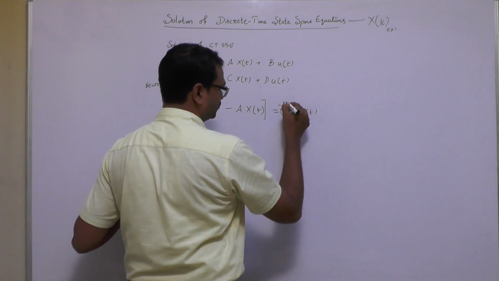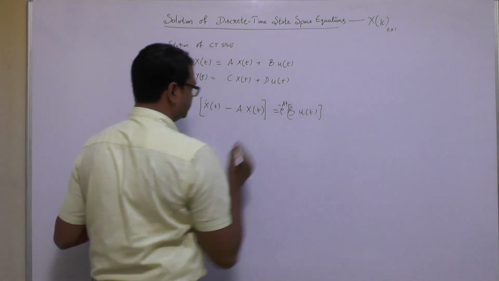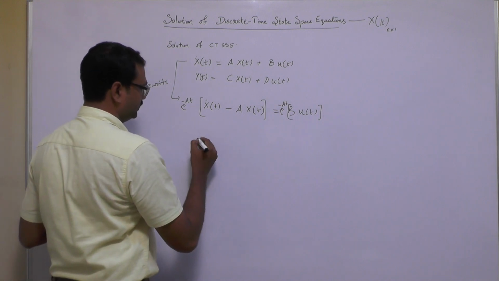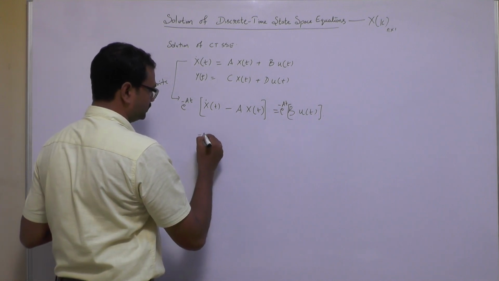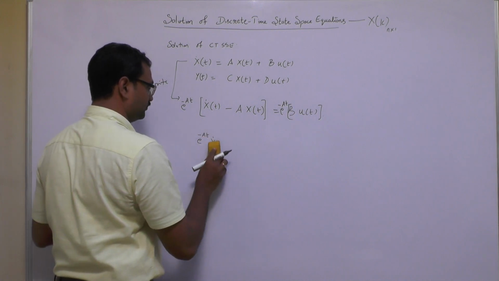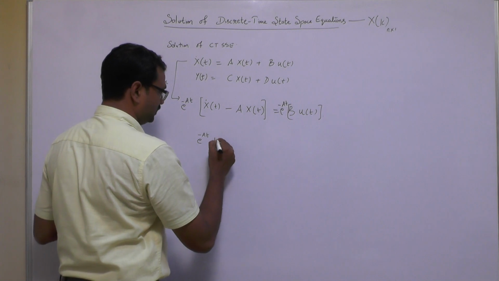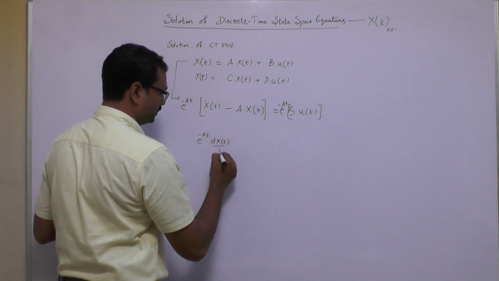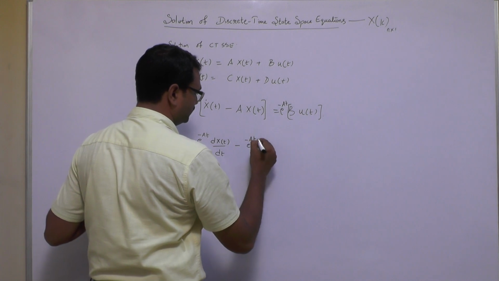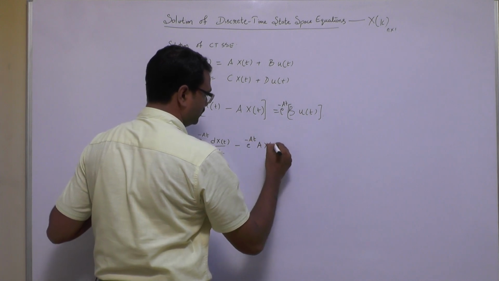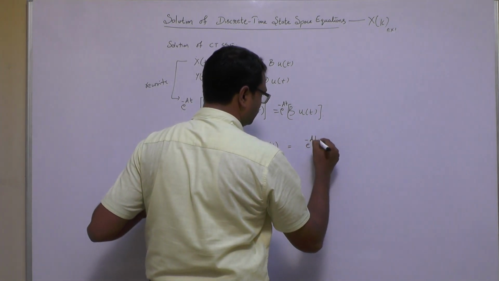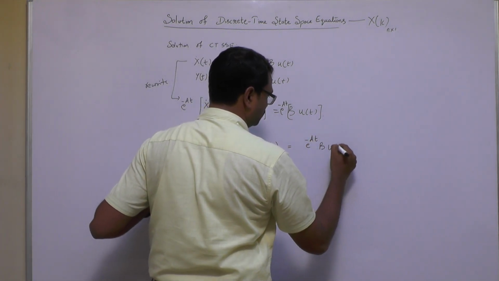So what are we getting here? E power minus at x dot of t, where x dot of t can be represented as dx of t by dt, minus e power minus at a into x of t, which is equal to e power minus at b u of t.